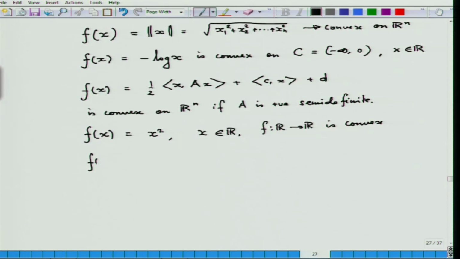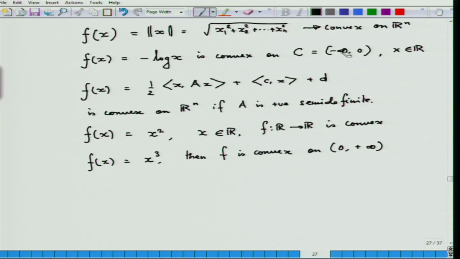Now, you take f of x equal to x cube, then f is convex on 0 to plus infinity.